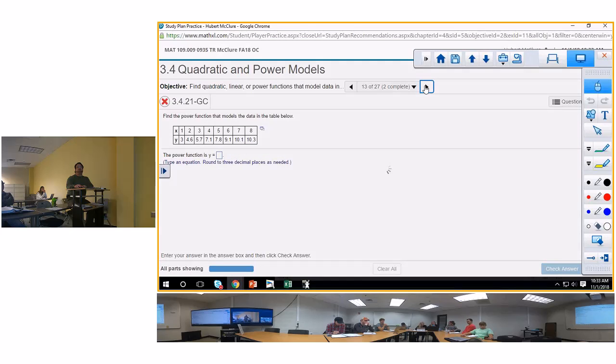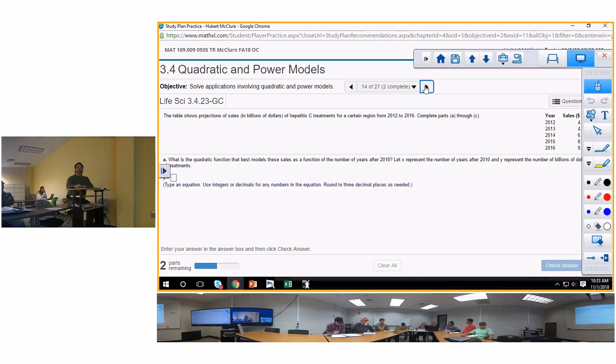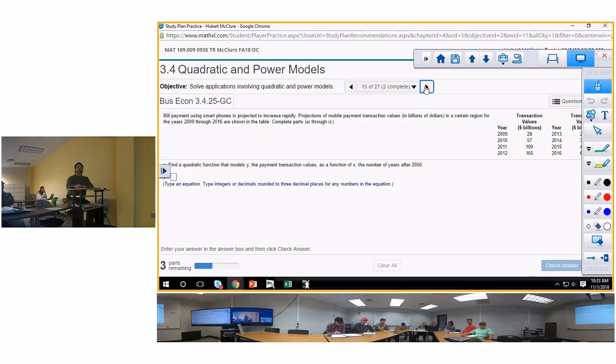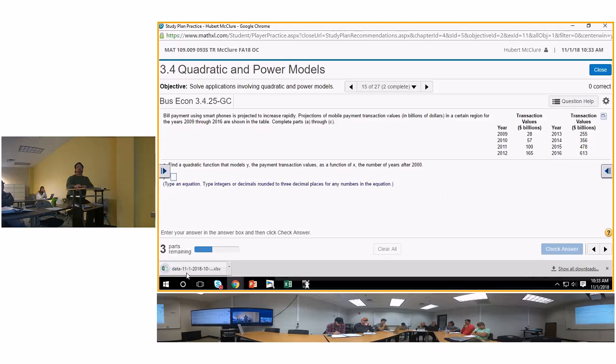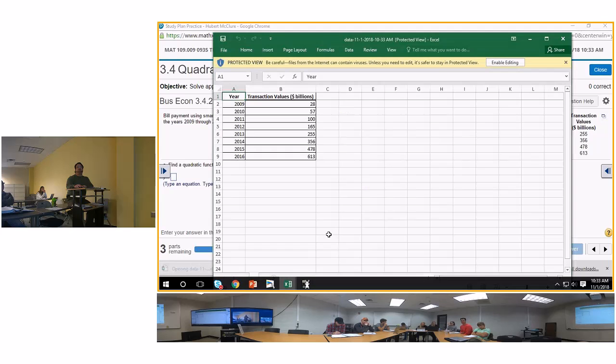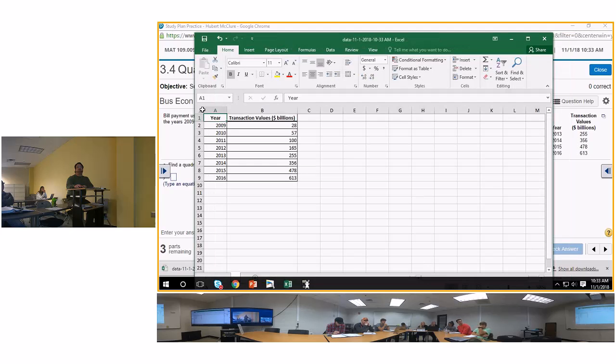Next question. Well, these are questions and this is where it helps. See there? You have the button there. You can put it in the Excel spreadsheet and you don't have to type all that stuff in. It says find the quadratic function. Highlight it. I'll make it big for you.